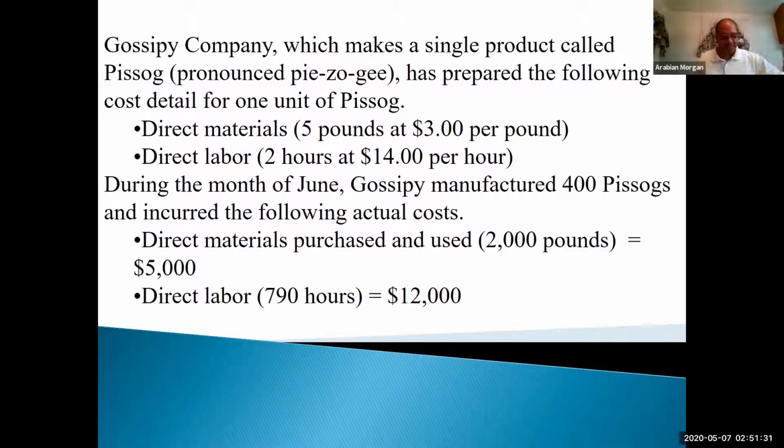The direct materials purchased and used was 2,200 pounds, and they paid a total of $5,000 for that. Their direct labor in making 400 Paizojis was 790 hours, and they paid a total of $12,000.